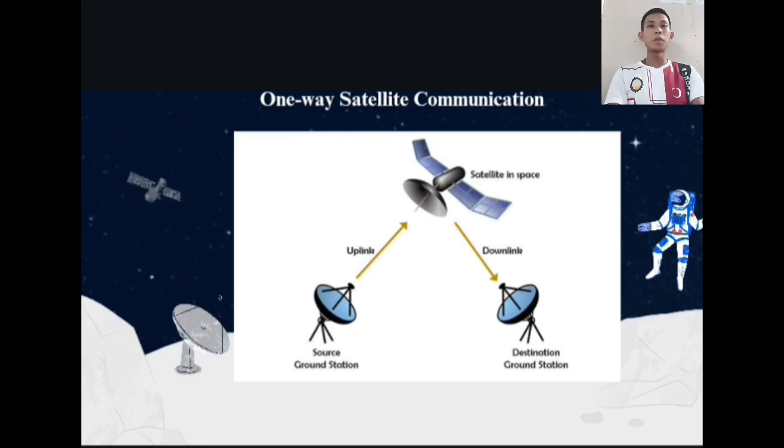One-way satellite communication. Following is the figure which explains one-way satellite communication. In one-way satellite communication, the communication usually takes place between one or multiple Earth stations through the help of a satellite.